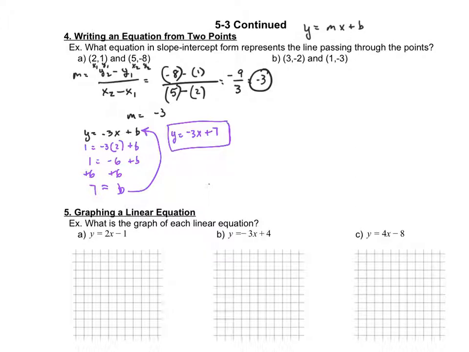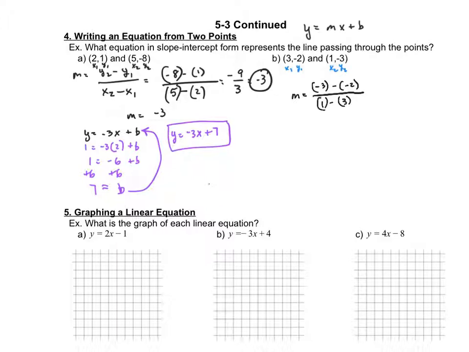Doing the same thing over on the other side, I'm going to have m is equal to, let's just go x1, y1, x2, y2. It doesn't matter which one of these you designate as 1 and 2 as long as your y1 and x1 are in the same coordinate pair. So I have m is equal to negative 3 minus negative 2 over 1 minus 3.